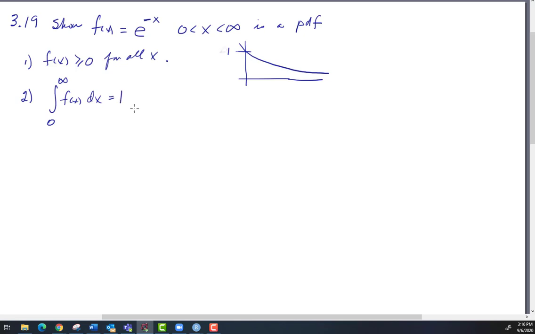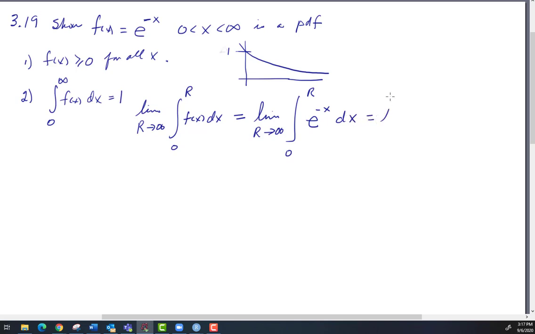So this is an improper integral and would be evaluated as the limit as r goes to infinity of the integral from 0 to r of f of x dx, which would be equal to the limit as r goes to infinity of the integral from 0 to r of e to the minus x dx, which would be equal to the limit as r goes to infinity.